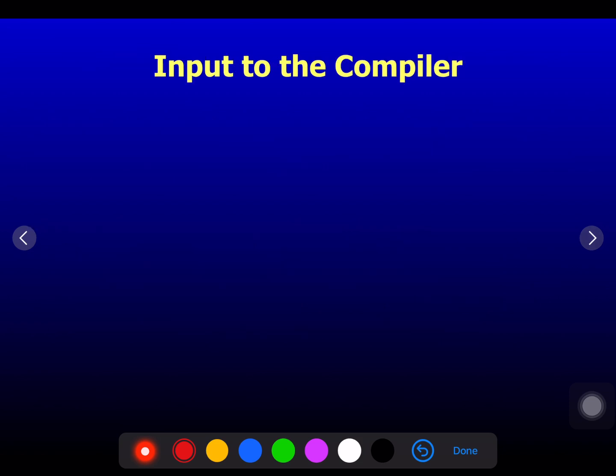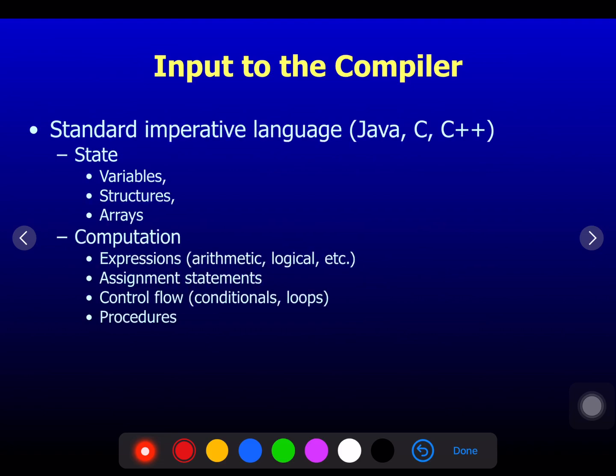Okay? Then, the input to the compiler. What is the input? Any programming language, for example Java, C, C++. It maintains two things: state and computation. Whatever input I have given, input always has a state and is also used for computation.